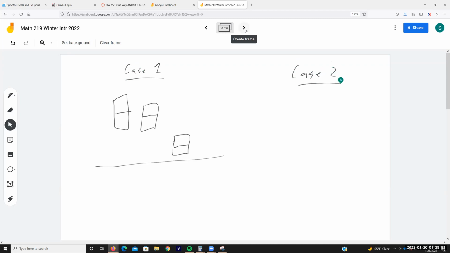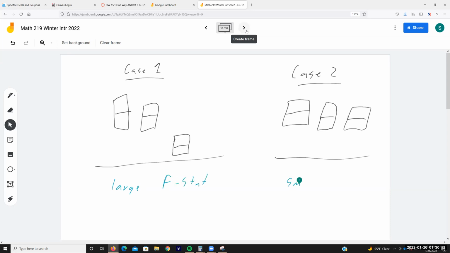This might be the 5-number summary, this might be the 5-number summary. This has a large F stat, and this will have a smaller F stat. Why? Because all the data within the groups are closer together.